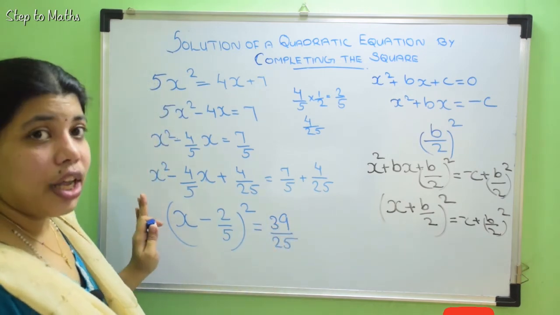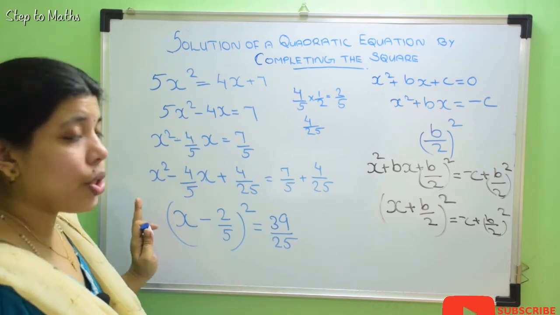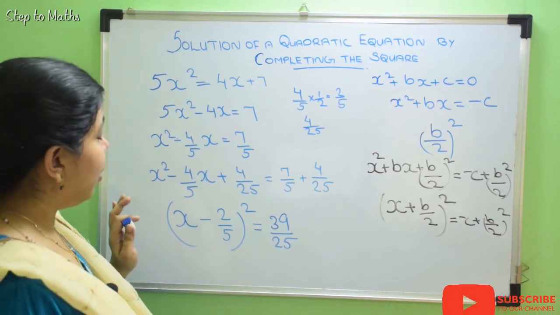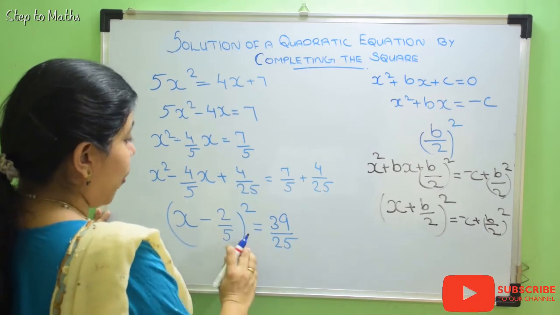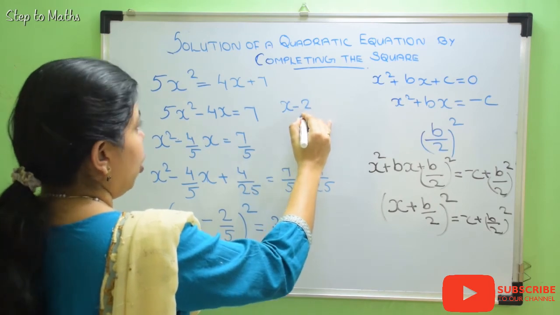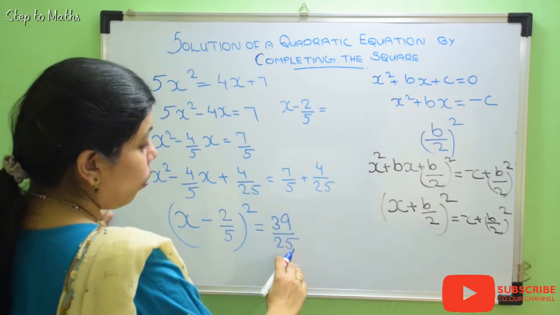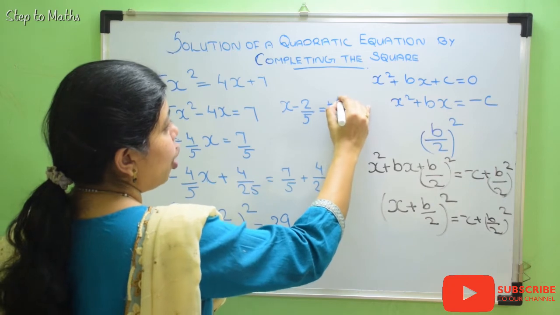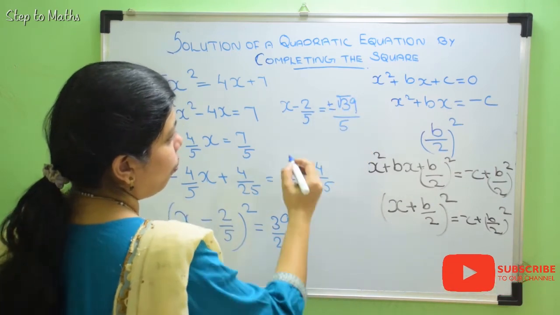Now the left side of the quadratic equation is in the form of a perfect square. So take its root. x minus 2 by 5 square, its root is x minus 2 by 5, equal to root of 39 by 25. What is its root? Plus or minus root of 39 by 5.